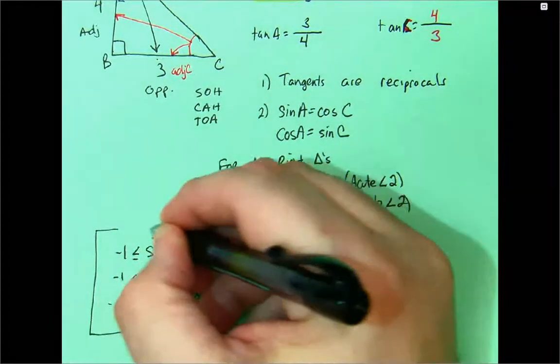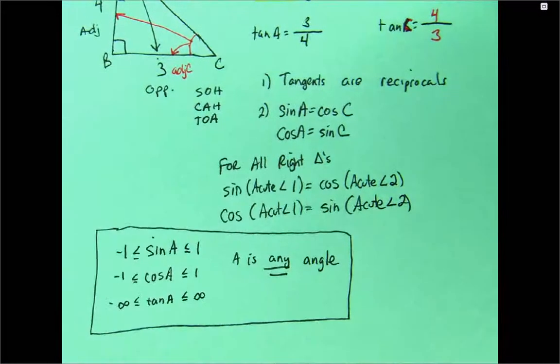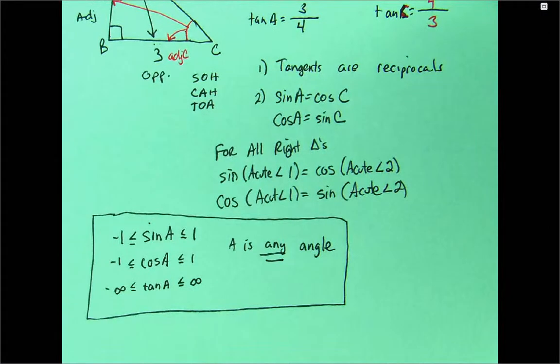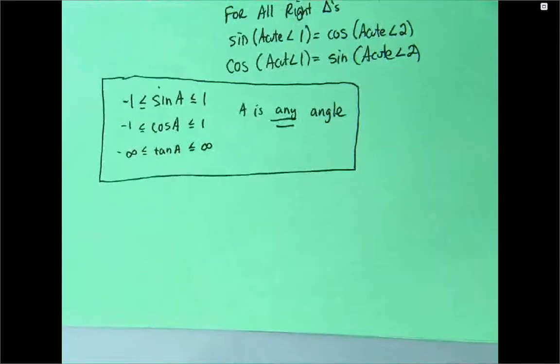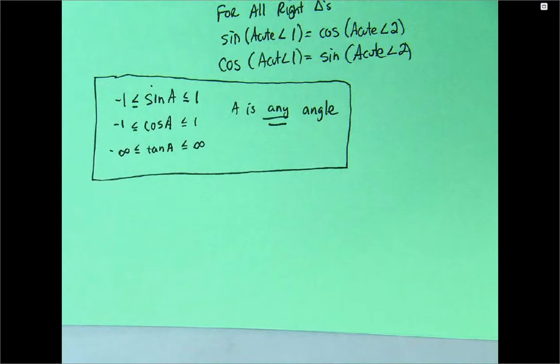The sine and the cosine are always going to end up between -1 and 1. So basically the sine never gets bigger than 1 and less than -1. So it always stays in there. So it's always a fraction unless it's equal to 1. The tangent can be any number. Your answer can be any number.